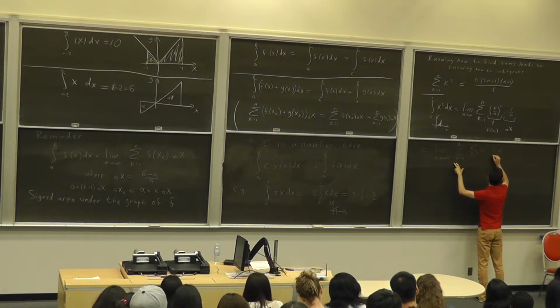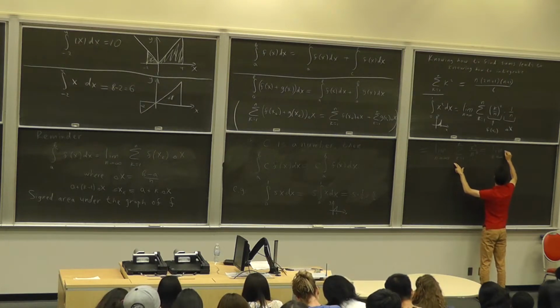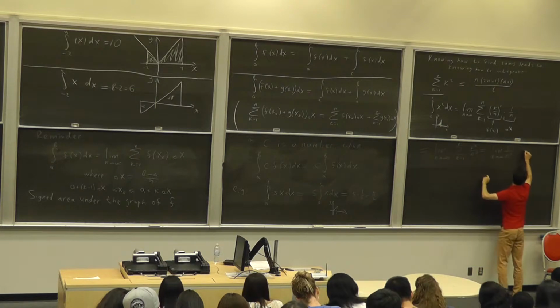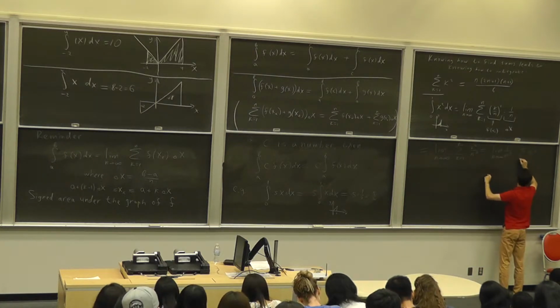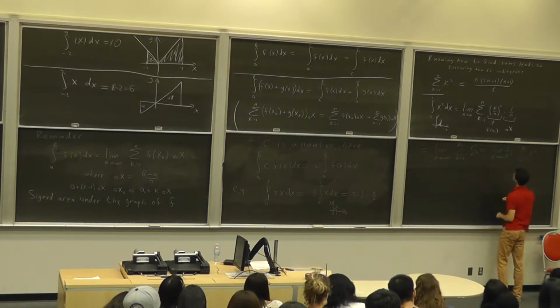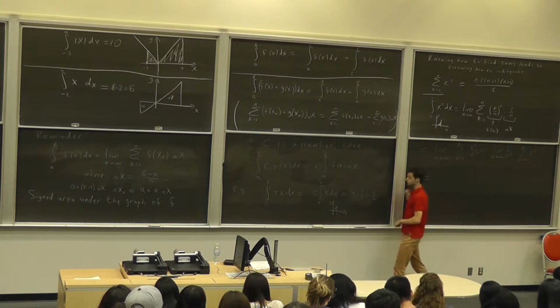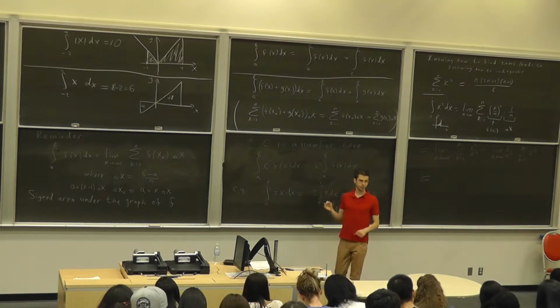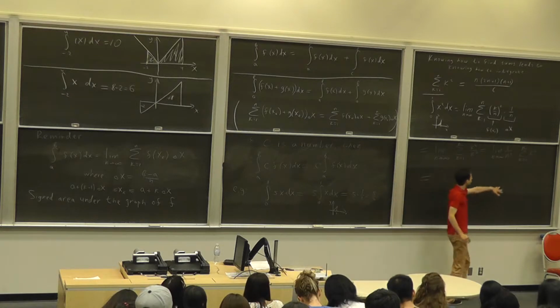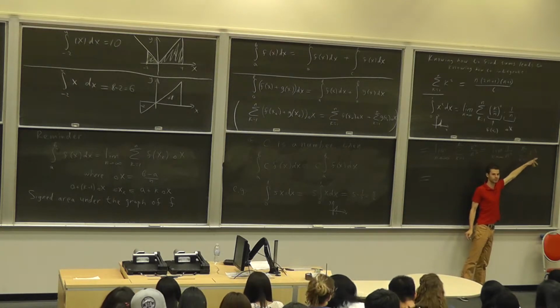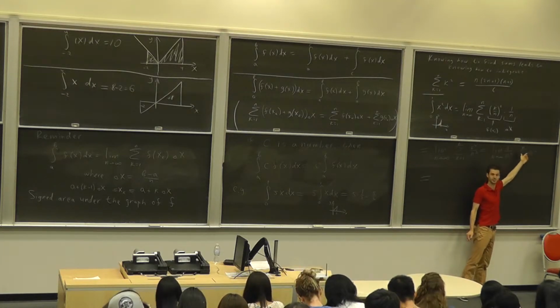Write this as the limit as n goes to infinity of 1 over n cubed times the sum of k squared from 1 to n. And now we encounter the question of what is the sum of the first n squares.